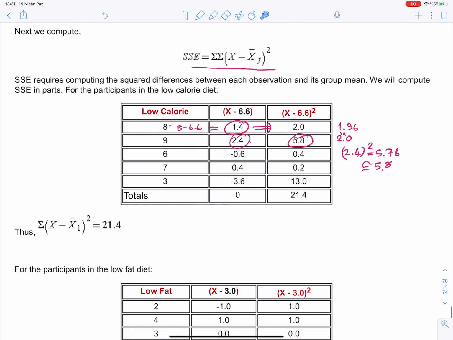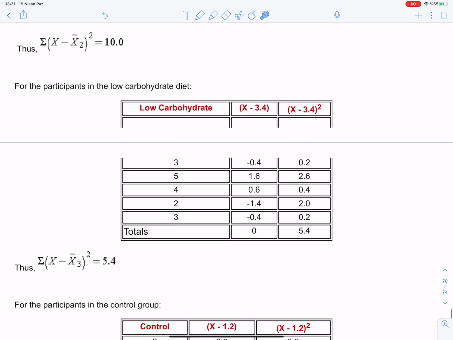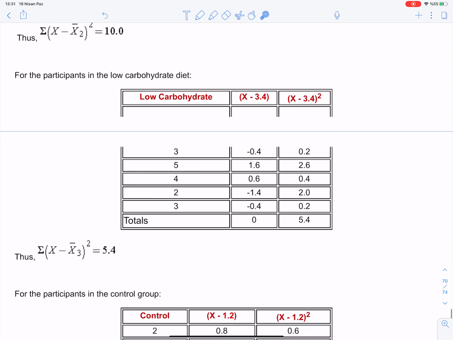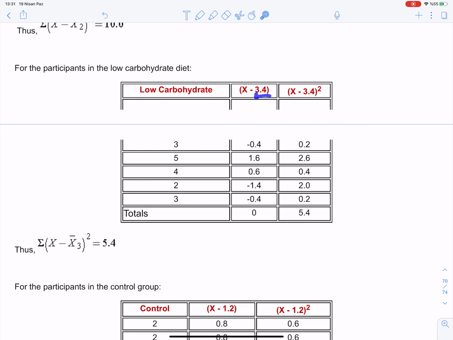The first one is 21.4, and the third and the fourth one we have, of course, for the low carbohydrate, the mean weight loss, which was 3.4. For the first observation, you subtract 3.4 and you get minus 0.4. 5 minus 3.4, you get 1.6. 4 minus 3.4 becomes 0.6, and 2 minus 3.4, you get minus 1.4, and 3 minus 3.4, you get minus 0.4.